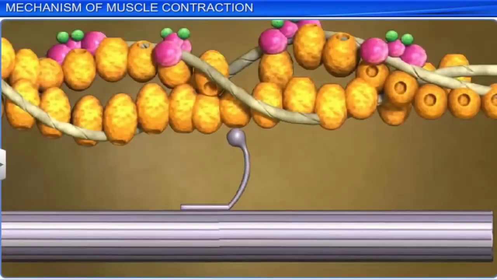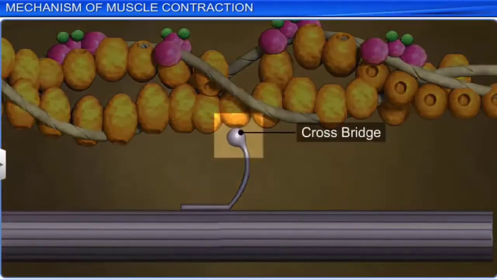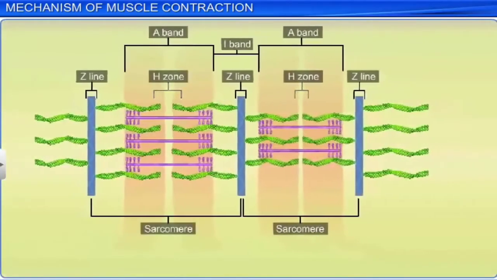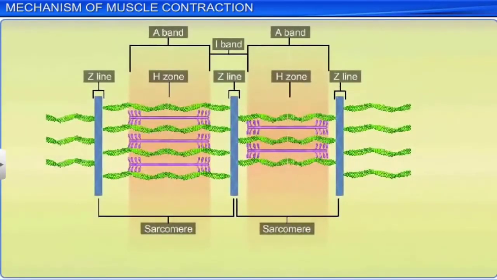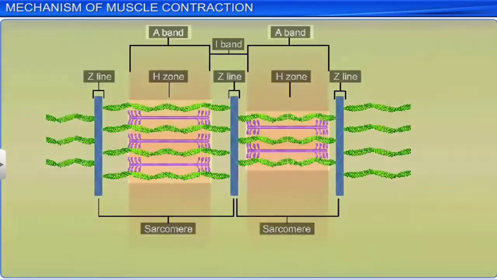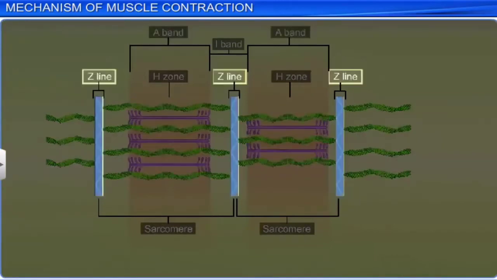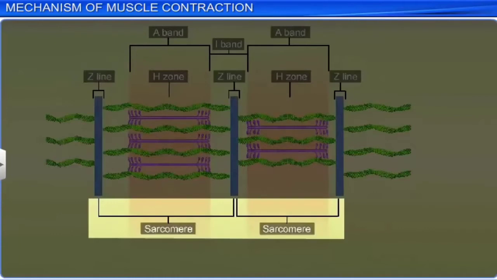Myosin binds to actin to form a cross bridge. These cross bridges are very important for muscle contraction. They pull the attached actin filaments to the center of the A band. Moreover, the Z line attached to the actins is also pulled inwards, shortening the sarcomere, thereby causing a muscle contraction.